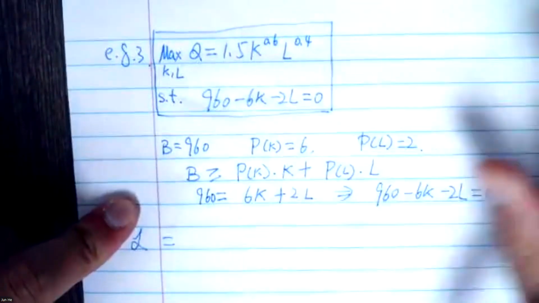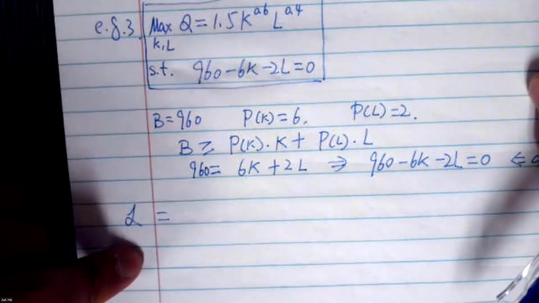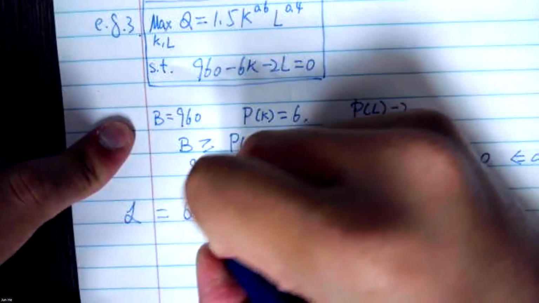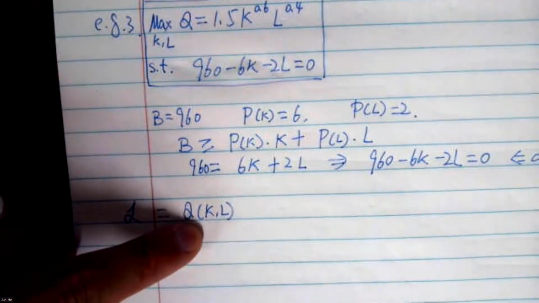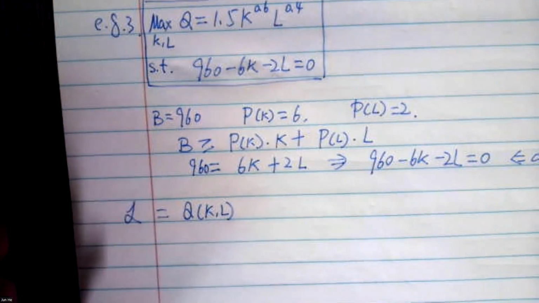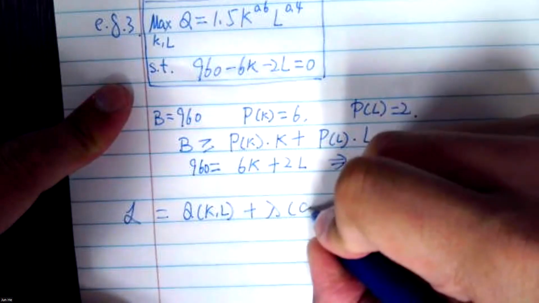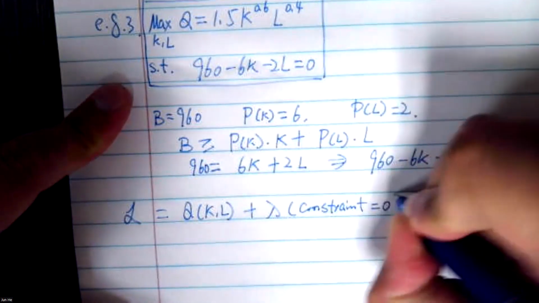It is a constrained optimization because we do have a subject to, to follow the objective function. So here the Lagrangian is the production function, how you produce Q by inputting capital and labor, plus lambda by the constraint equal to 0.